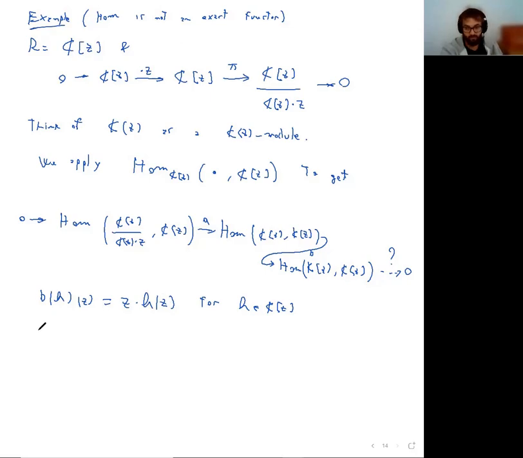But one thing we can observe. So this proves the counterexample. This functor is not always exact. But we do observe that this map B is injective. You can just divide formally by Z. Injective basically means that this thing here must be 0.